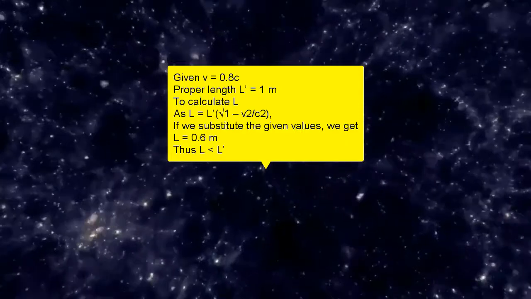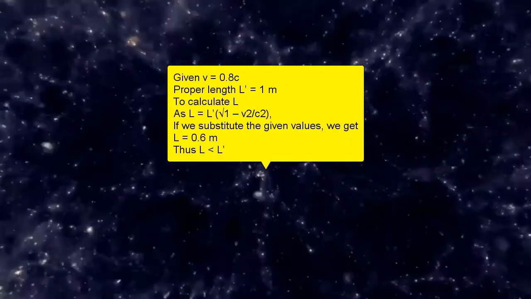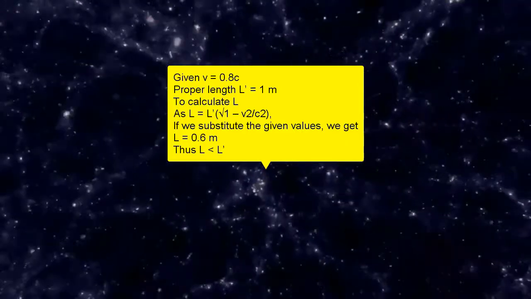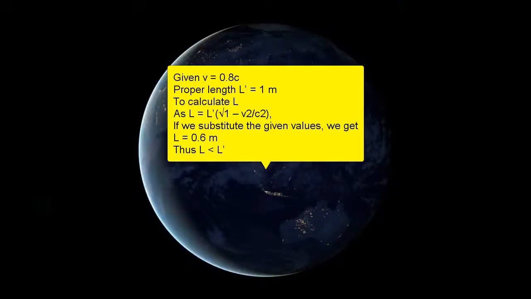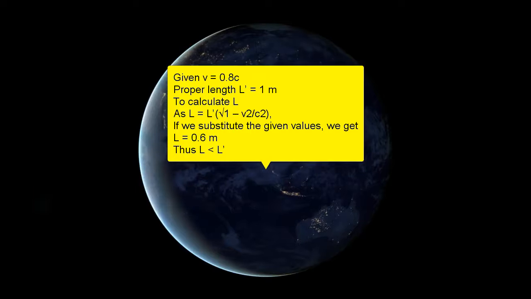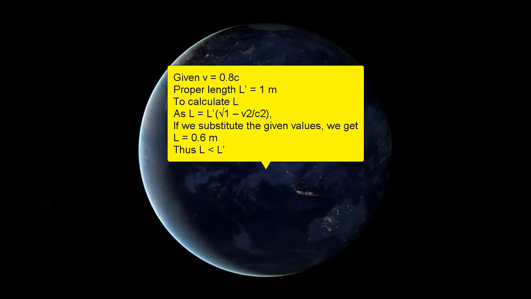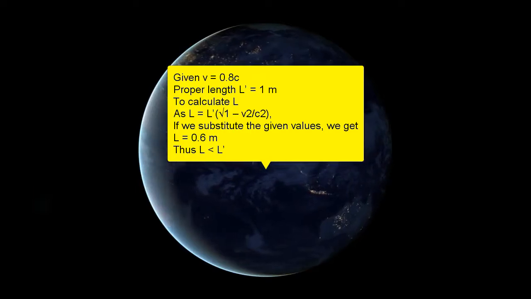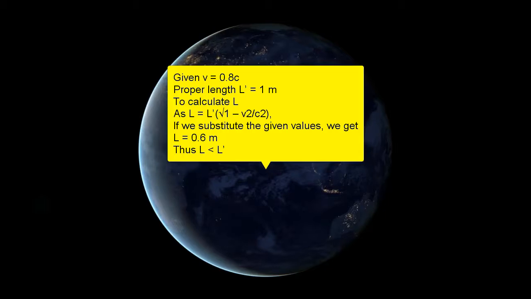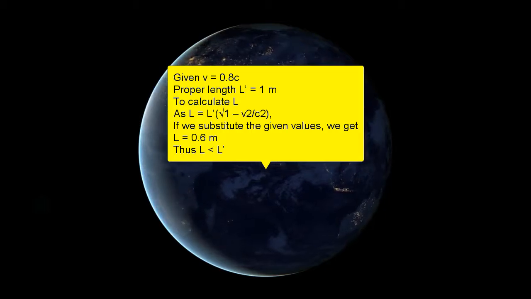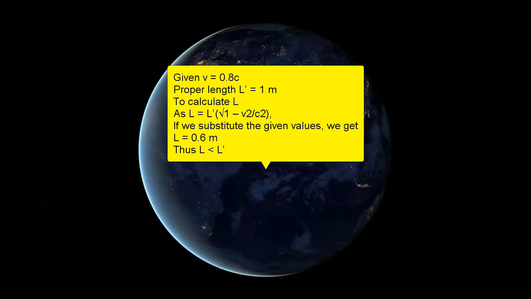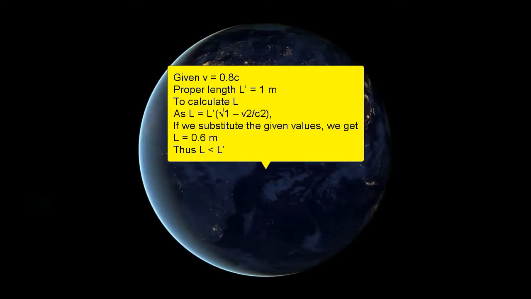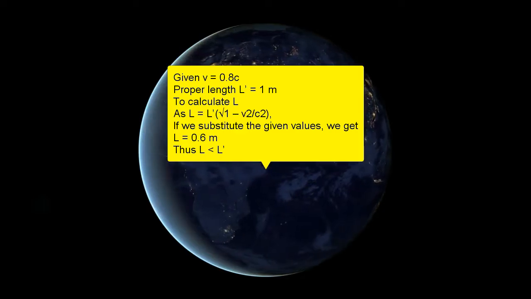So my dear friends, the value of the square root of 1 minus V square by C square will always be a decimal, except when V is equal to C, then the value will be 1 minus 1, that is 0. In that case it will be a point object, otherwise in this numerical the length is 0.6 meter.